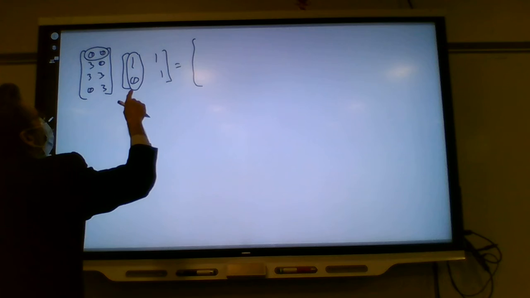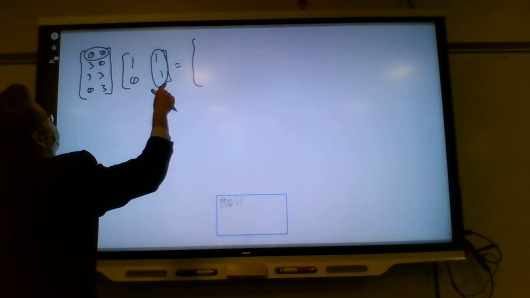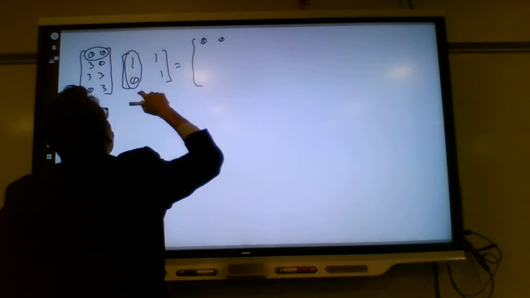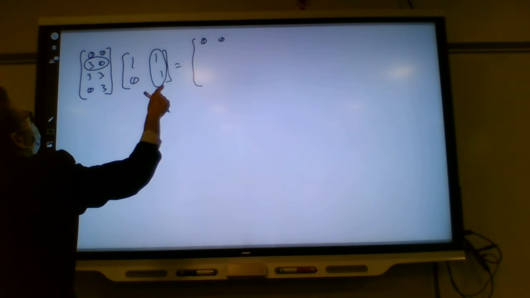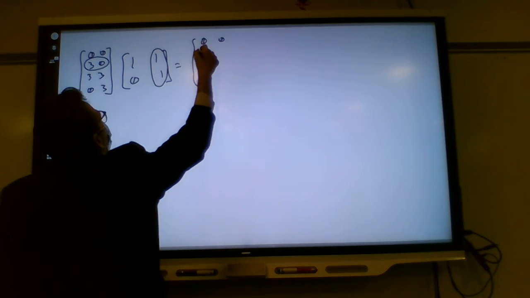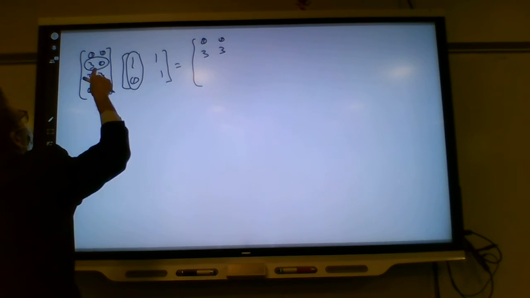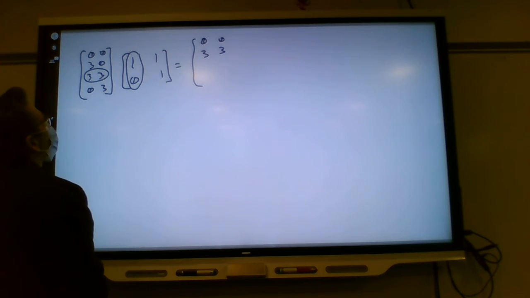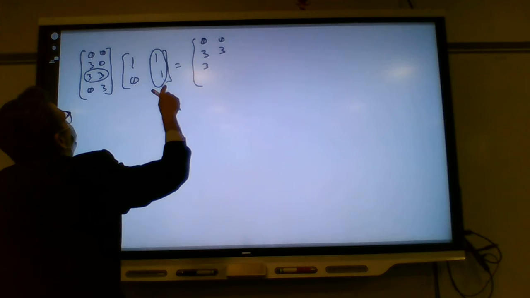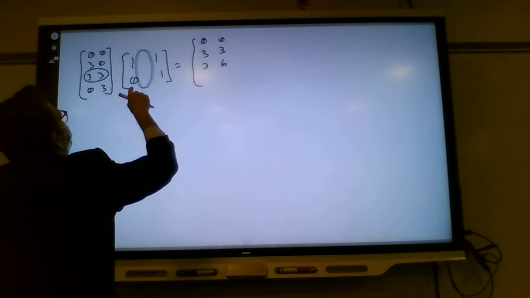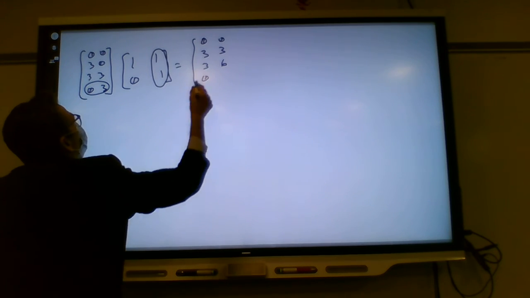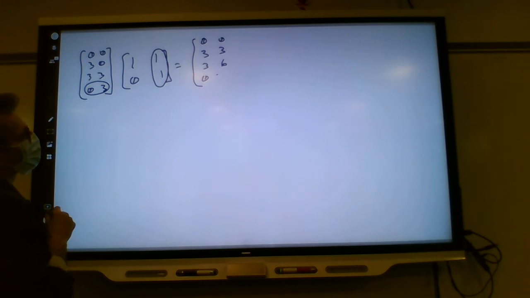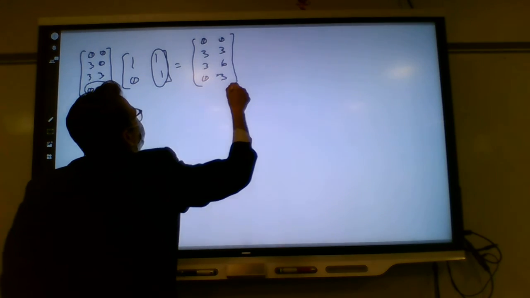Well, what do we know is going to happen here and here? The first part is going to be 0. All right, always 0, 0 in this approach. What happens here? That's 3, and that's also 3. This is 3, 6, 0, 0, 3.